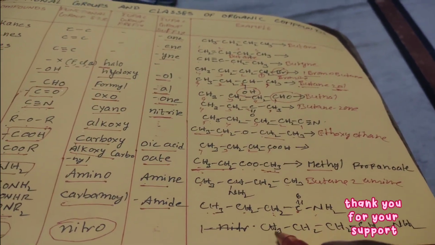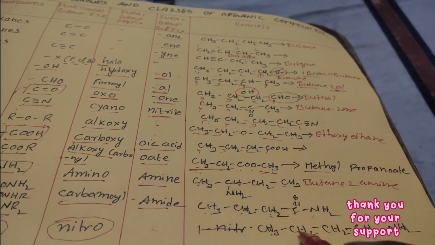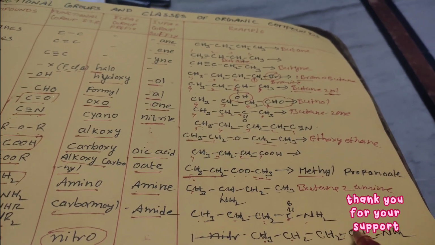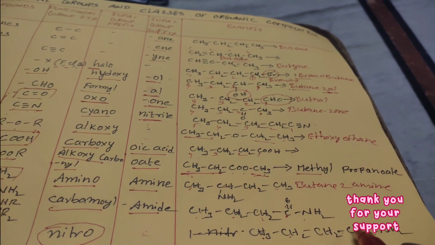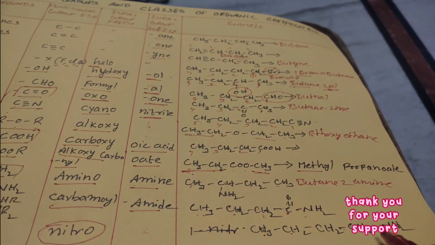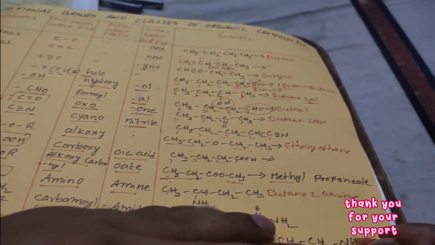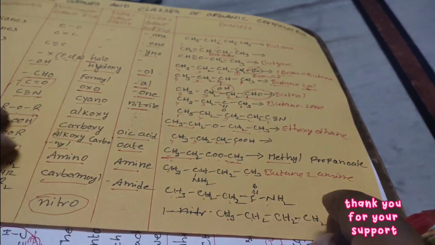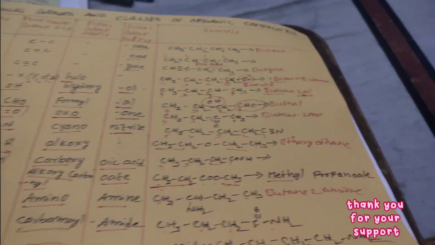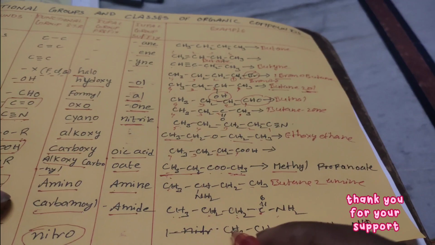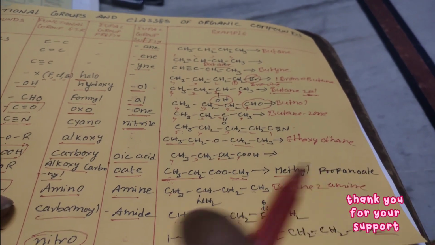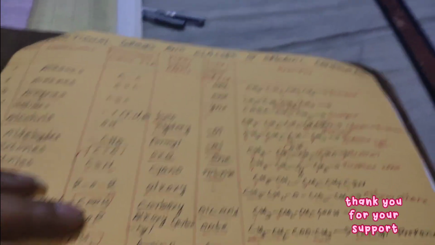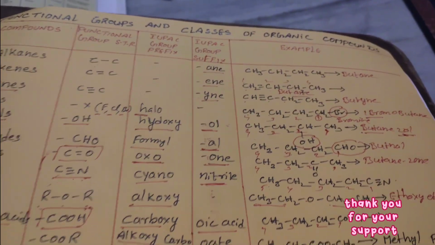In the given structure, the total number of carbons present here is 1, 2, 3, 4. 4 carbons are present in the given structure, and one nitro group is present. So the name of the compound is 1-nitrobutane.